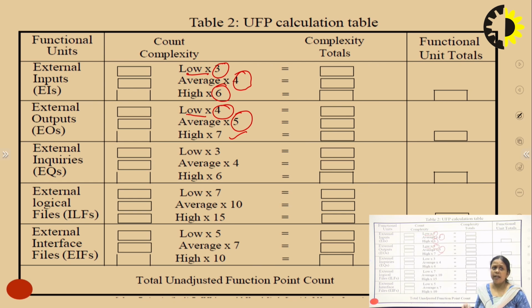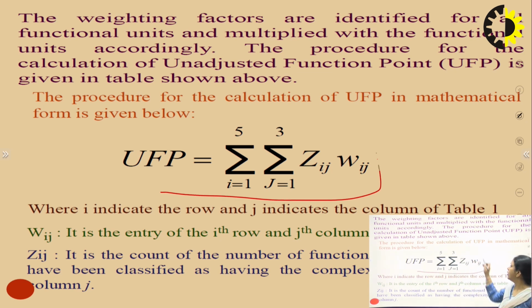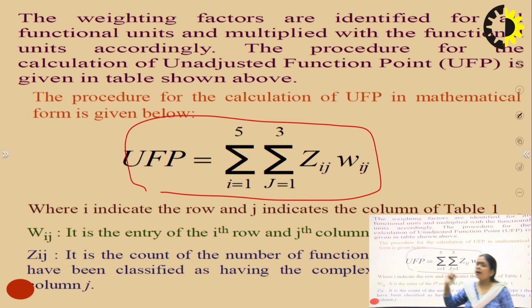By the help of these weighting factors, we can calculate the unadjusted function point table. So, this is the unadjusted function point count. Now, how can we calculate this unadjusted function point? This is the formula to calculate the unadjusted function point.